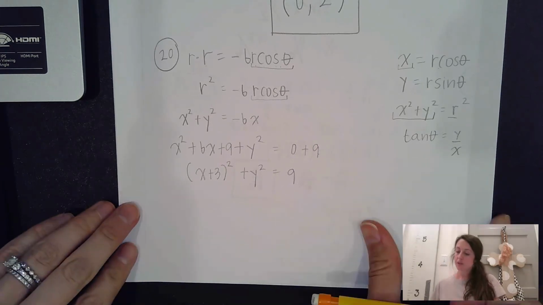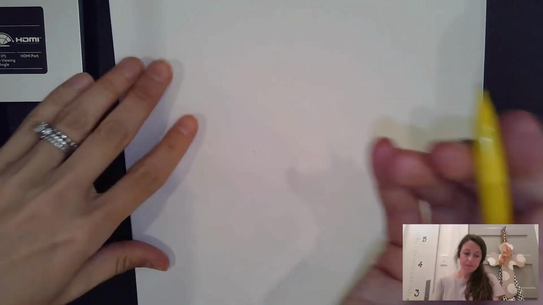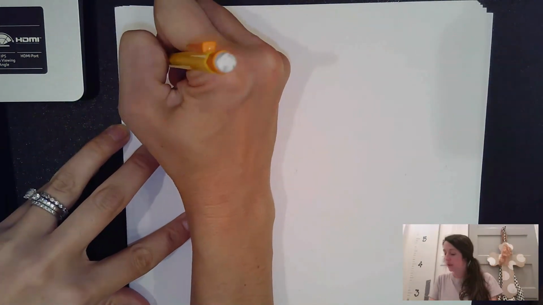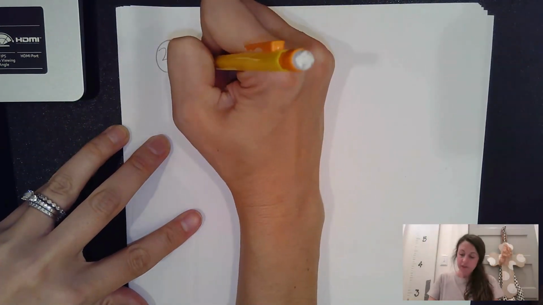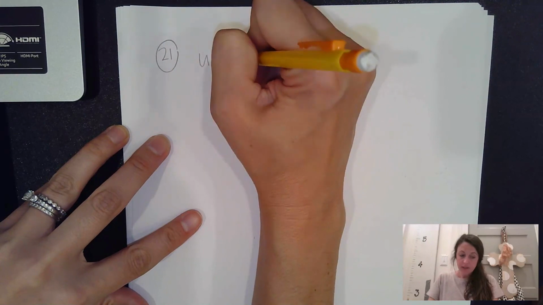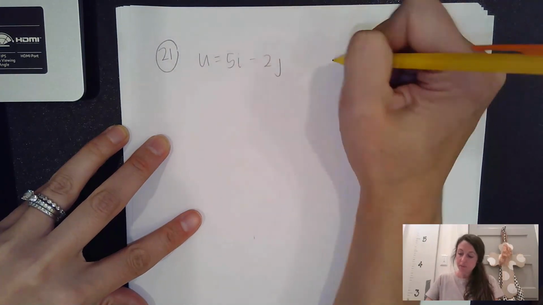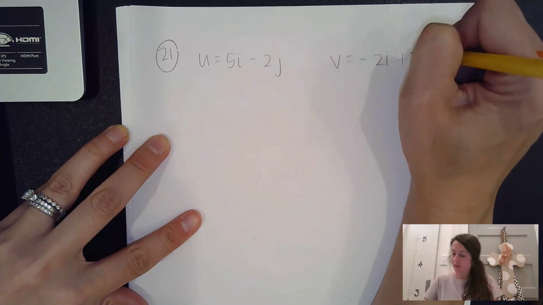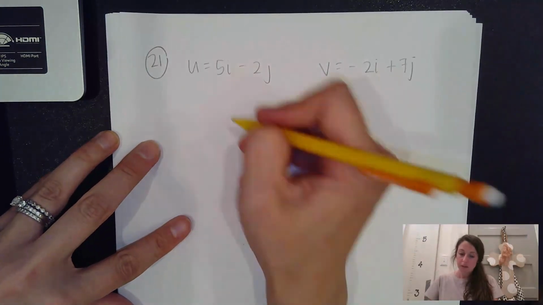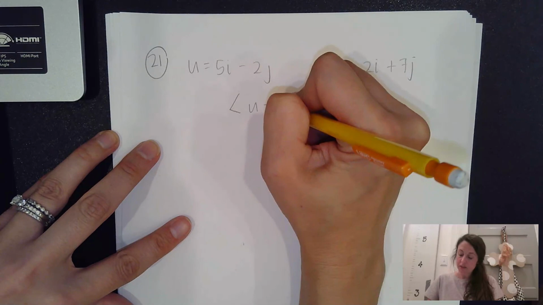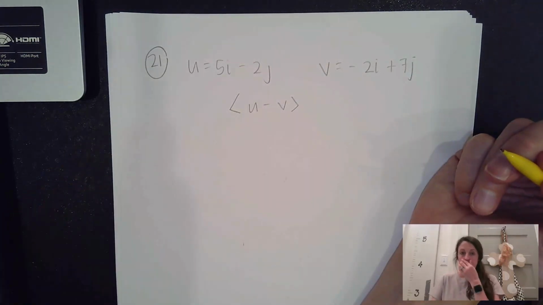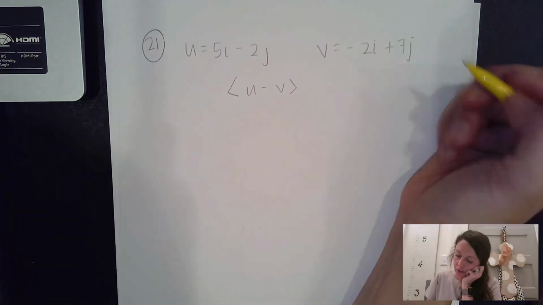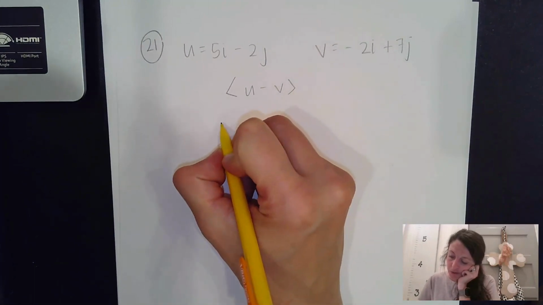All right, we also then talked about vectors. If I had a vector u equal to 5i minus 2j, and vector v is equal to negative 2i plus 7j, and I wanted to find u minus v, I would just subtract the parts.